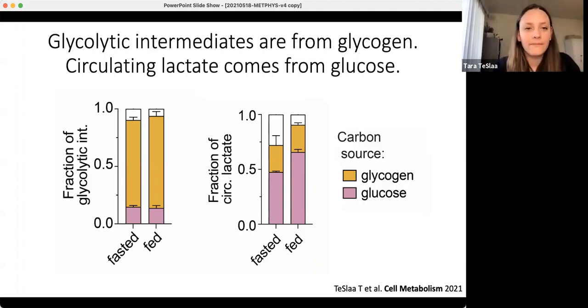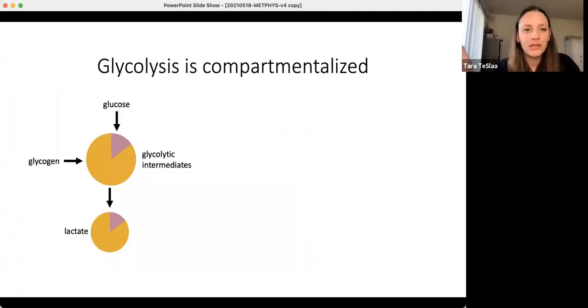However, one thing can explain this seeming contradiction, and that is that we think glycolysis is compartmentalized. So what do I mean by that? So here on the left, I'm showing an example of if glycolysis was not compartmentalized. If glycolytic intermediates in the body were one single pool, then we would expect that the product of this pool, lactate, would have equal ratio of labeling from glucose to glycogen.